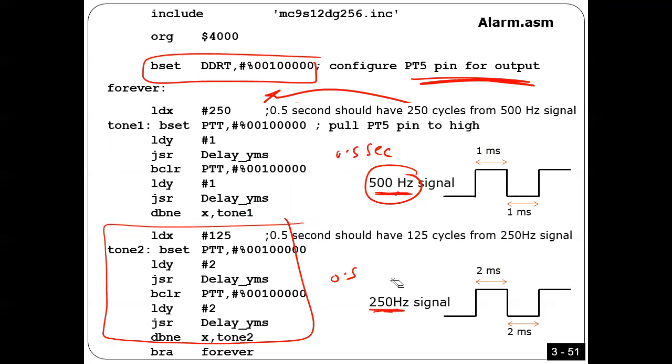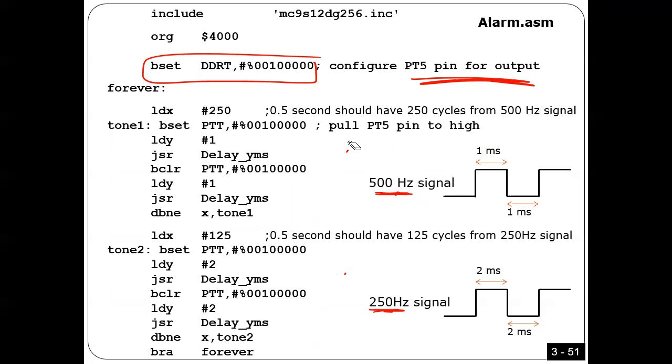Number one, in order to generate 500 hertz, the period T should equal 1 over F, which equals 2 milliseconds. So from here to here, it has to be 2 milliseconds to make 500 hertz. Is that okay? That means the delay here has to be 1 millisecond, and this one should be 1 millisecond to generate a signal like this one.